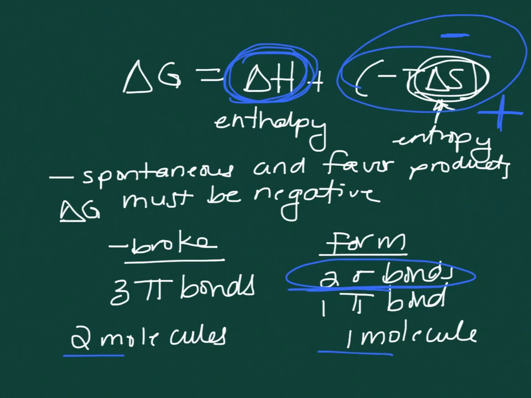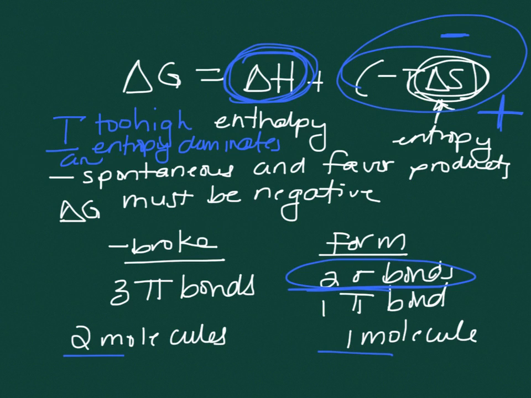The book goes on to say that we do need to watch our temperature. If the temperature is too high, then entropy will dominate, and delta G will be positive. Okay. So there's a balance as to how much heat we need to add to get the reaction to go forward.